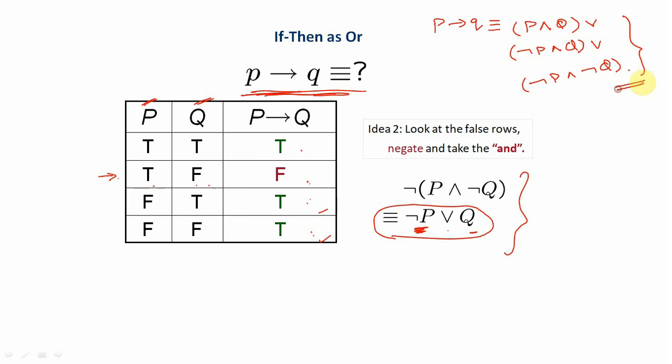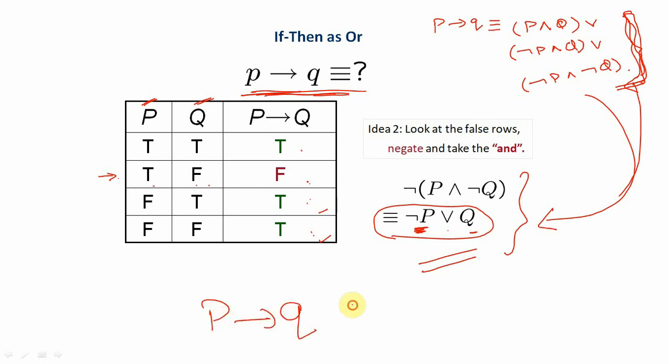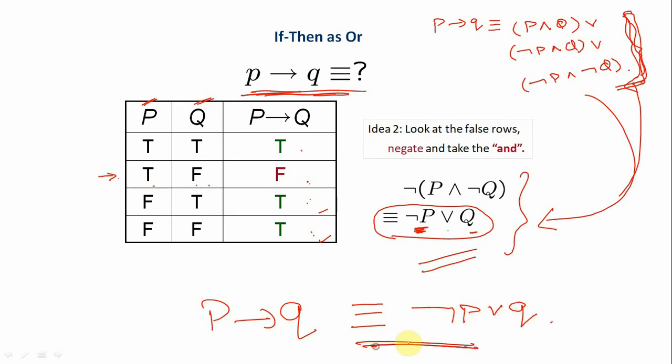In subsequent slides, I'll show you how to simplify this using the methods I'm going to explain shortly. So the main point here is that P implies Q is logically equivalent to negation of P or Q. This is an important result.